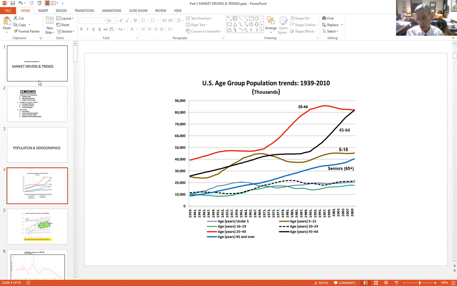And so what we see is quite simply the red line becoming the black line as 20 years pass. Another interesting trend is the blue line, where we can see that the seniors, the older members of the population, seem to be growing fairly rapidly.